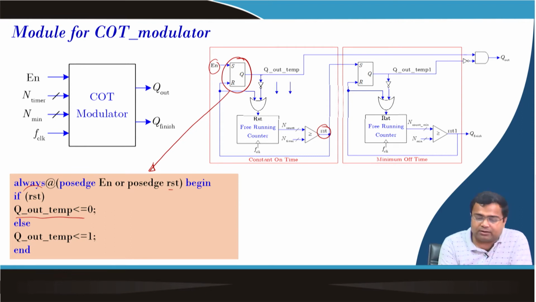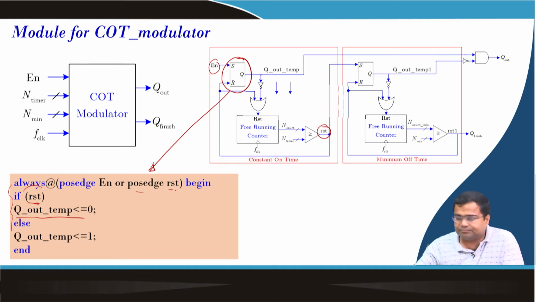Otherwise, it will be 1, because this command will be executed only when either the positive edge of enable comes or the positive edge of the reset comes. If the positive edge of reset comes, that means it is high, it will be 0. So, it is a reset dominated RS flip flop.